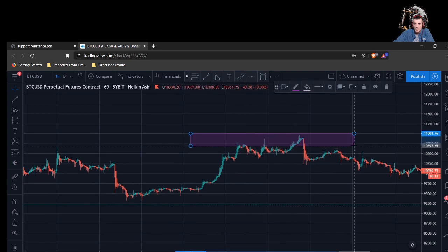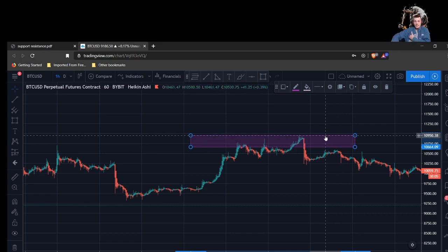Could actually even drop it down just a little bit more. So from this area to this area is your resistance. You could put your sell orders anywhere in this box and then put your stop loss right on the other side of that box. Not saying it's going to work every single time, but you will win your trades a lot more than you will lose.